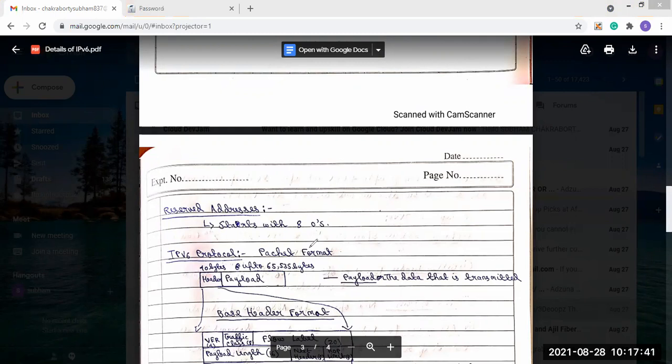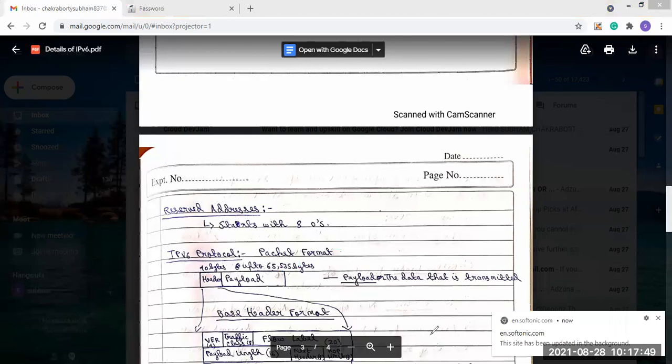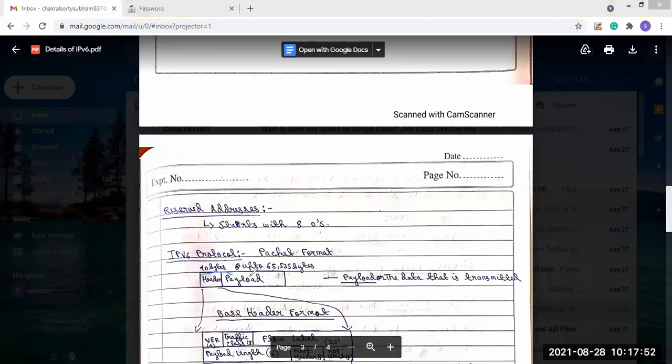In this IPv6 packet format, also called the IPv6 datagram packet format, it is broadly divided into 2 things. The first is the header and the next is the payload.